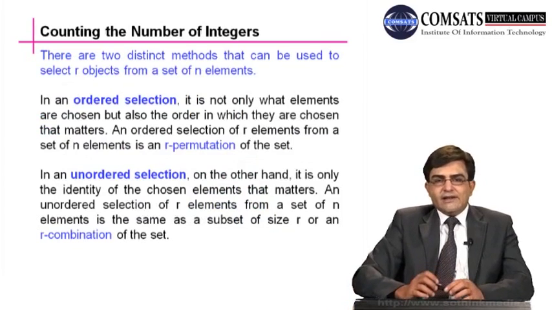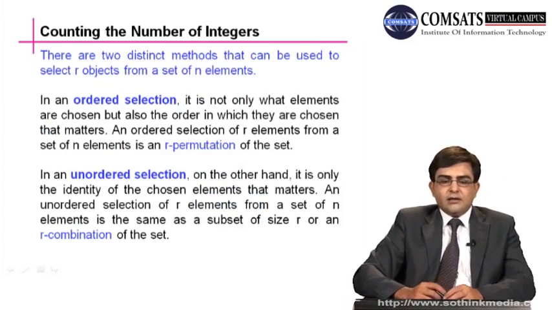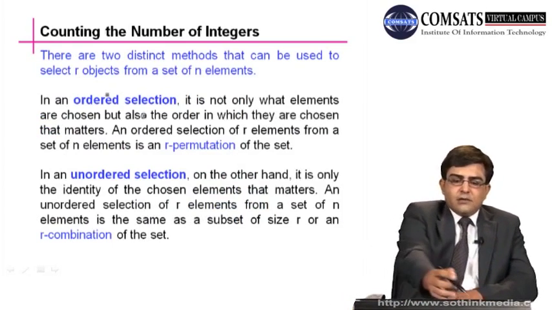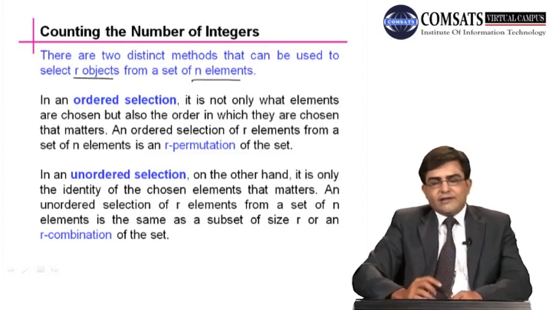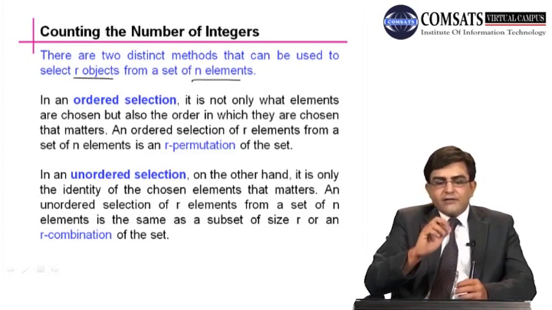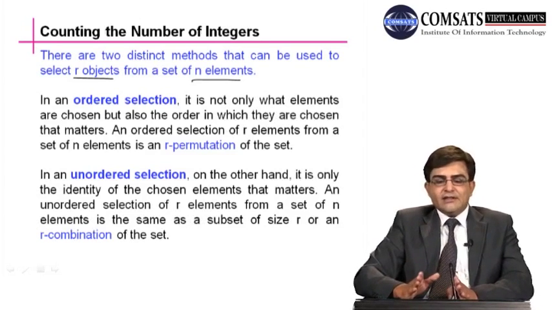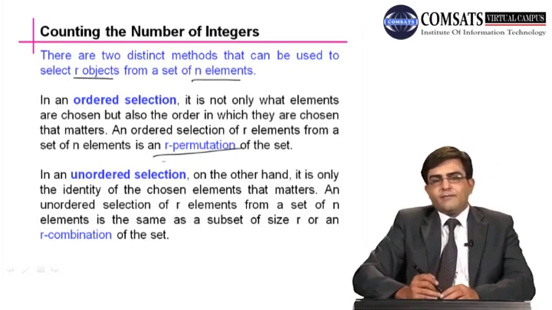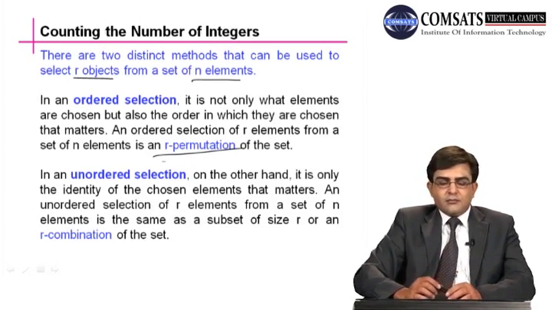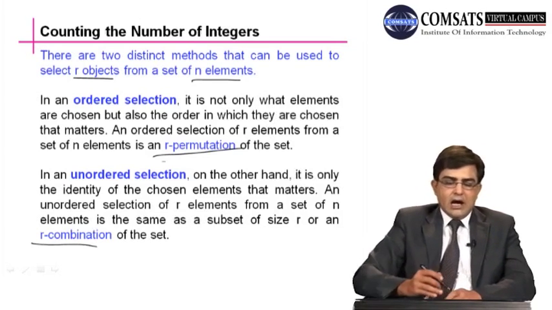But in permutation order is important. For example, if we have to choose r objects out of n objects, then there are two distinct methods. One is the ordered selection, one is the unordered selection. If we choose r objects in an ordered selection out of n elements, this is called an r permutation. And if we choose an unordered selection, where order is not necessary, then this is called an r combination.